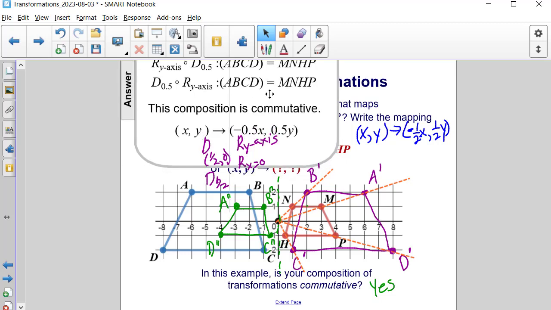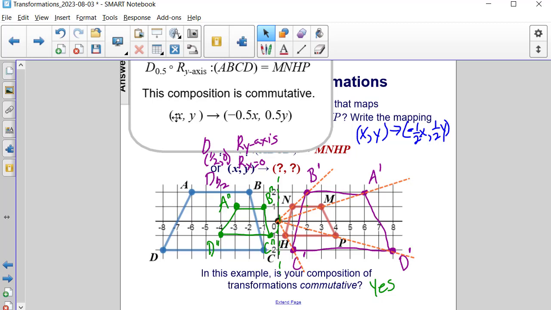And yes, this composition is commutative, and our formula for xy maps to -1/2x, 1/2y. I originally wrote it as fractions here, but these are the decimal equivalents.